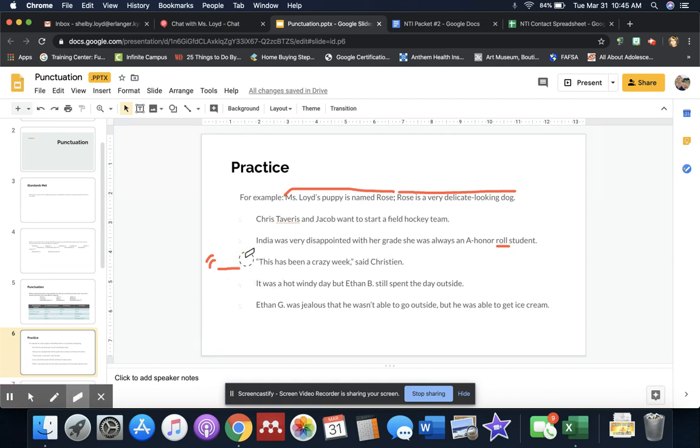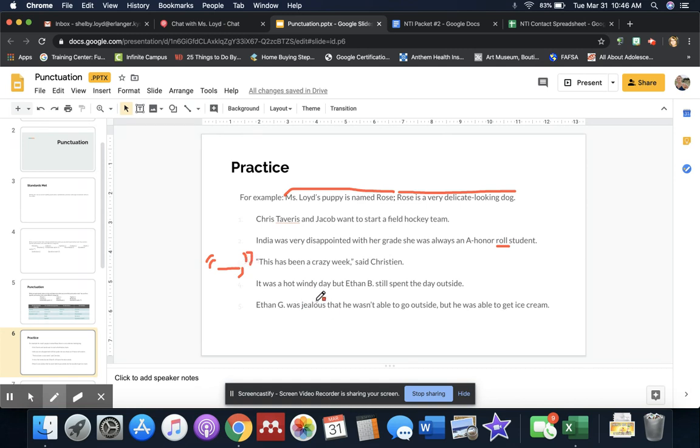Now, I'm sure there is a super technical reason as to why. Someone probably came up with a whole bunch of reasons. All I know is that these quotation marks are separating whatever is in between them from everything else, and that comma is separating whatever is being said from the action. So we have two different things that are separating. I'm not quite sure why the comma has to go on the inside. I just know that if we don't, it's wrong.